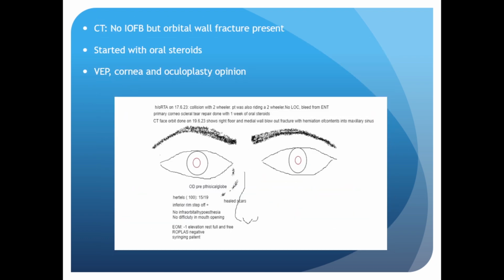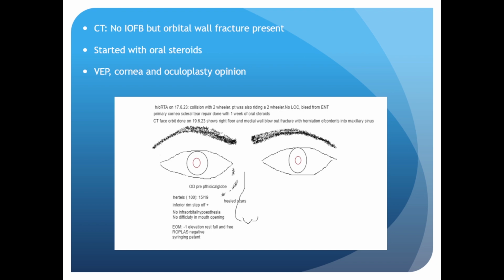Just go back. Please do not write OD pre-phthisical globe, okay? This is still the trauma, the inflammation is there, everything is going on. It's an active disease, so to speak. You can't call it pre-phthisical globe. Inflammation is going on. It's hypotonous, no doubt about it, but it doesn't mean that it's pre-phthisical.